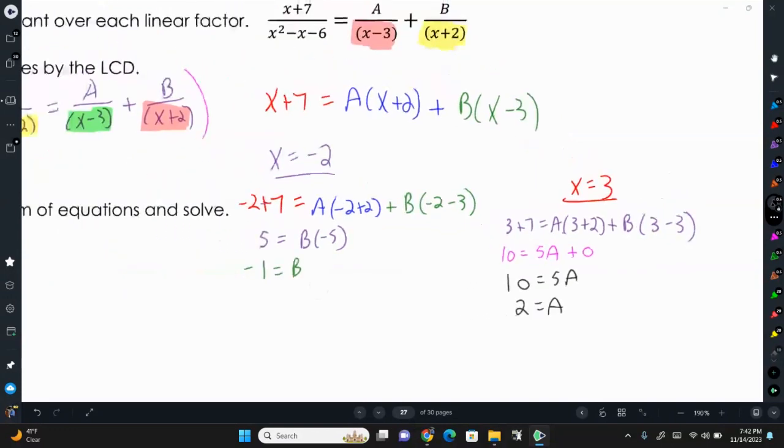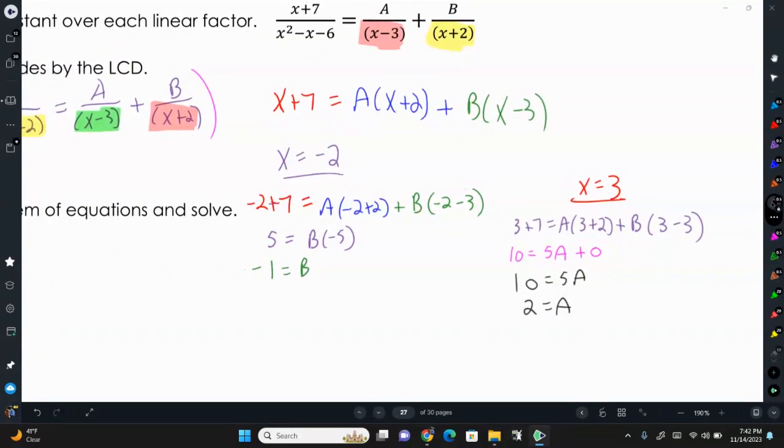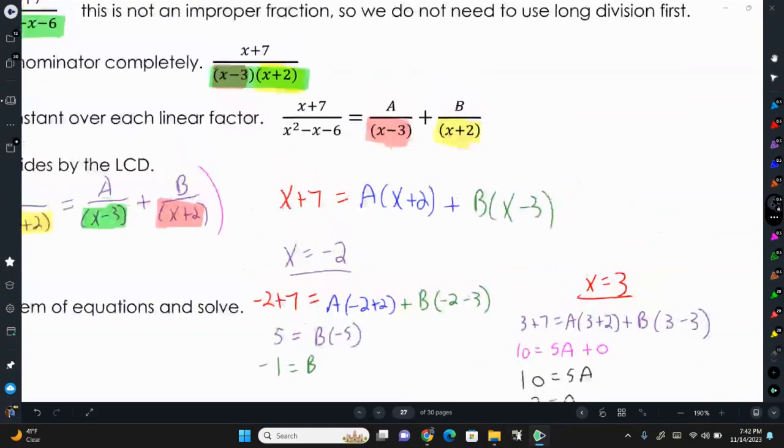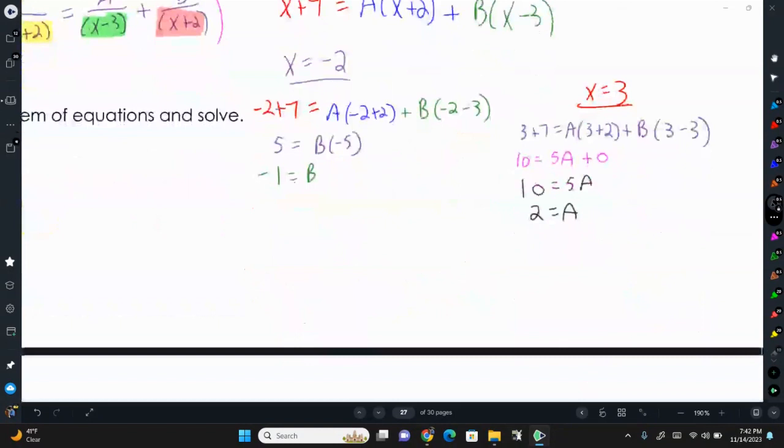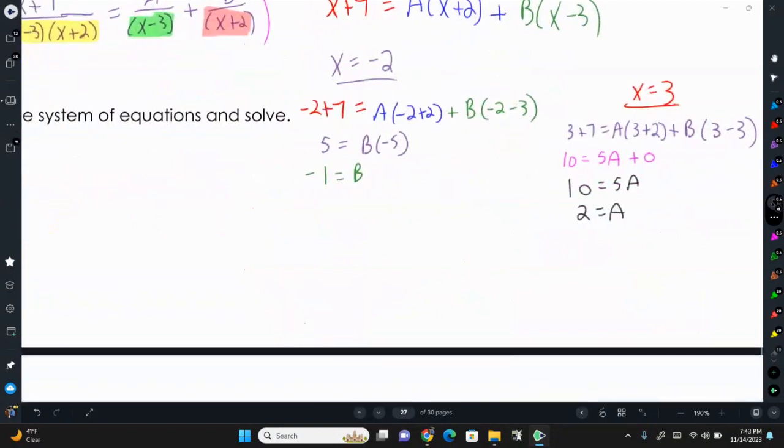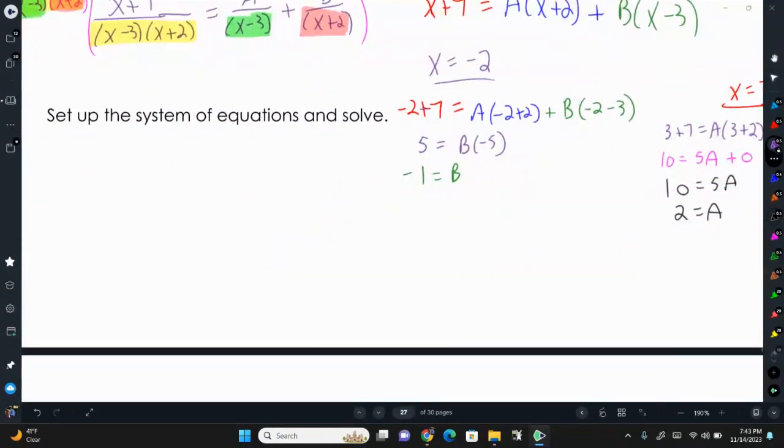So then we can rewrite this as, up here we had a over x minus 3 plus b over x plus 2. We have our a and b values now. So our answer is going to be 2 over x minus 3 minus 1 over x plus 2.